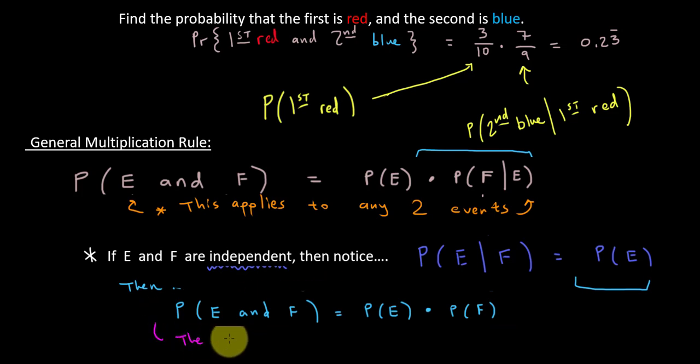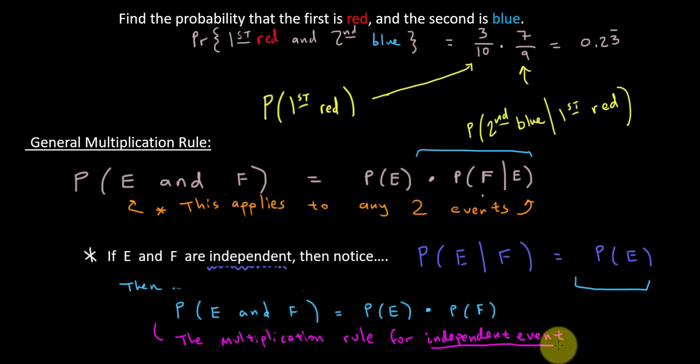This was the multiplication rule for independent events. And so it all circles back, it all is interconnected. This blue formula only applies to independent events. In general, this formula will apply to any two events.